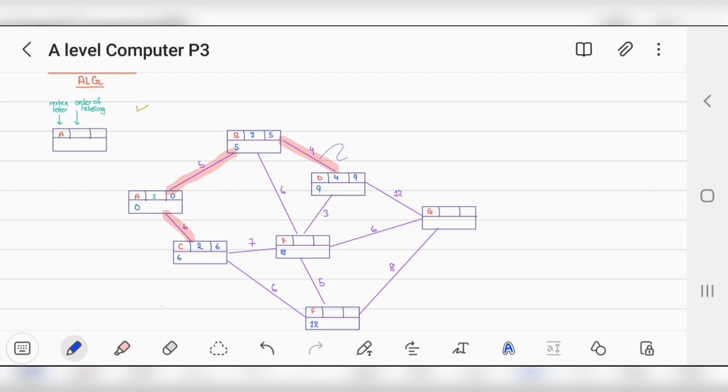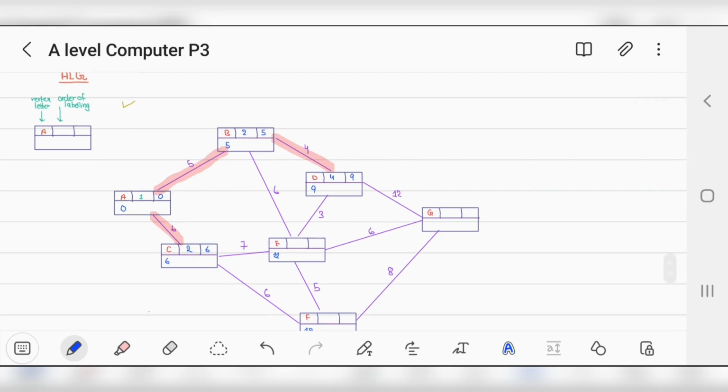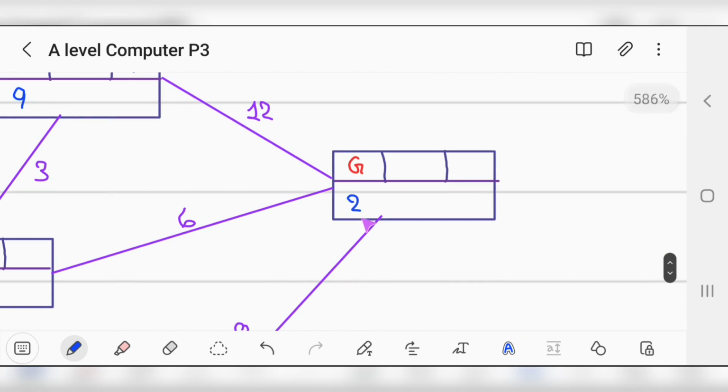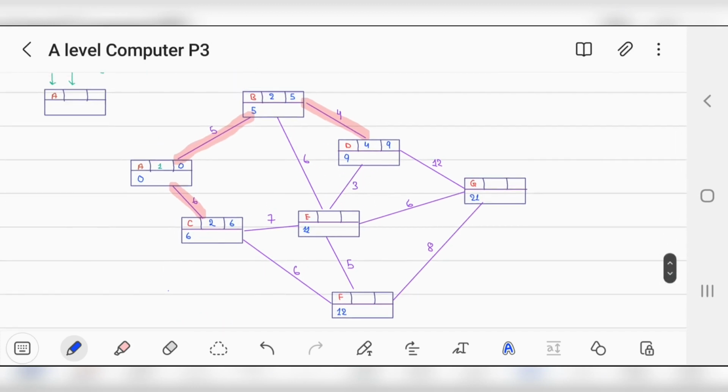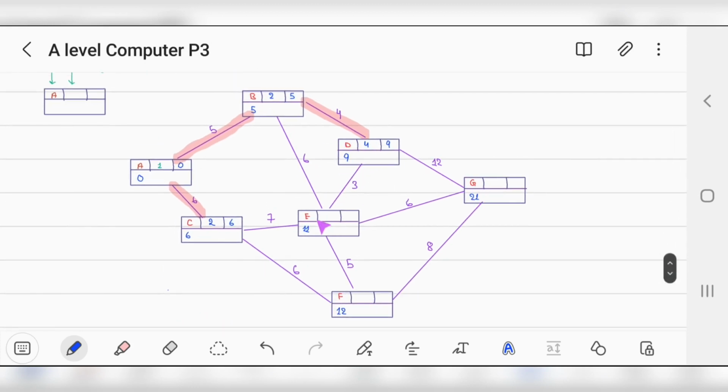It's going to be 21. 5 plus 6 is 11, 5 plus 4 plus 3 would have been 12. 6 plus 7 is 13, so 11 coming from here would have been 13. 6 plus 6 is 12. Which one of these is the least? This one is the least.